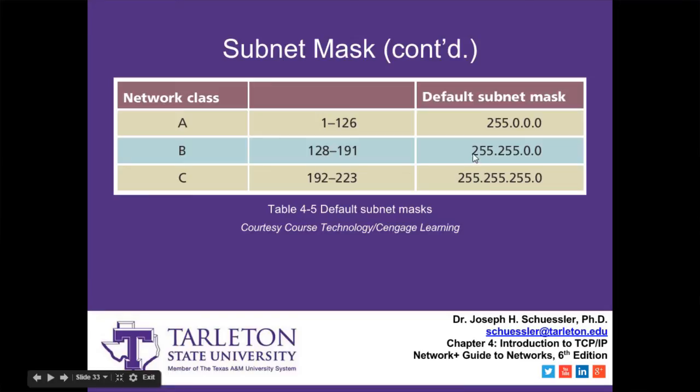For Class B, the default subnet mask is 255.255.0.0. Again, the same thing. When your computer sees this, it's going to look for other computers that have the same first 2 octets identical. And then Class C, the same thing. The first 3 octets. If the first 3 octets are the same, they're on the same network segment.